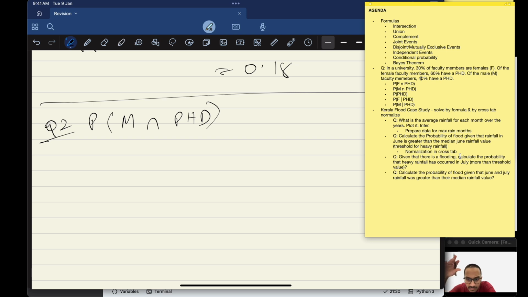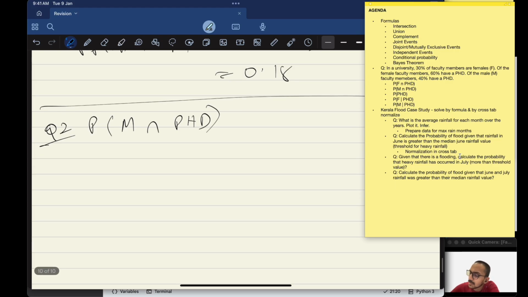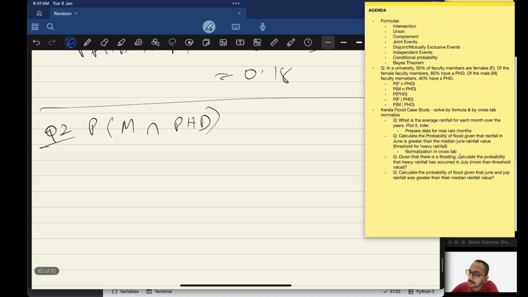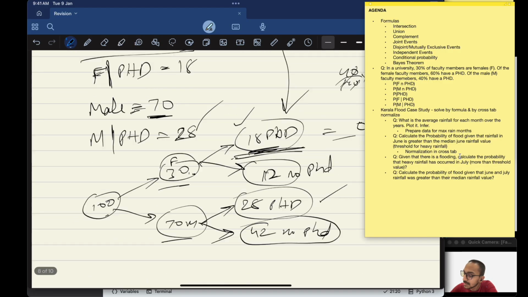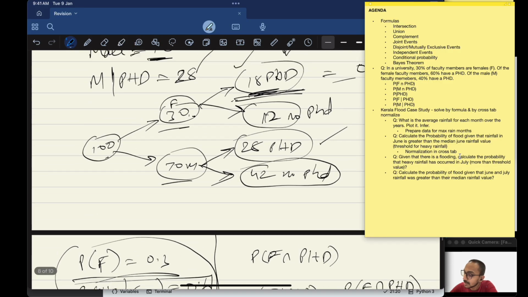So when we choose a random person from this set of faculty members, what is the probability of that random person chosen being a male and that male having a PhD degree? So that's the question. So we'll just do it by tree approach. Firstly, let me just copy this one.